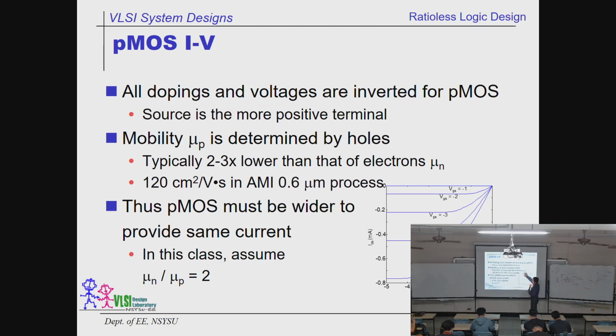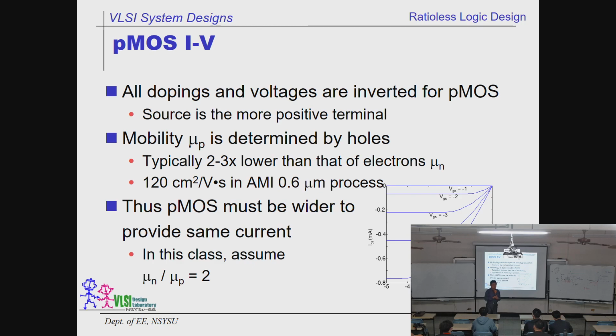So for the P device, the mobility depends on how fast the holes are. But unfortunately, the hole mobility is much lower, 2 to 3 times lower than that of electrons. So if we're given the same size of transistors, N and P, they don't have the same current.